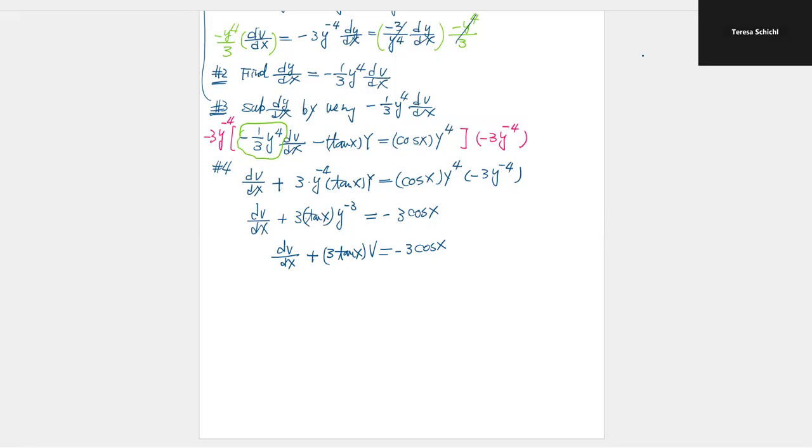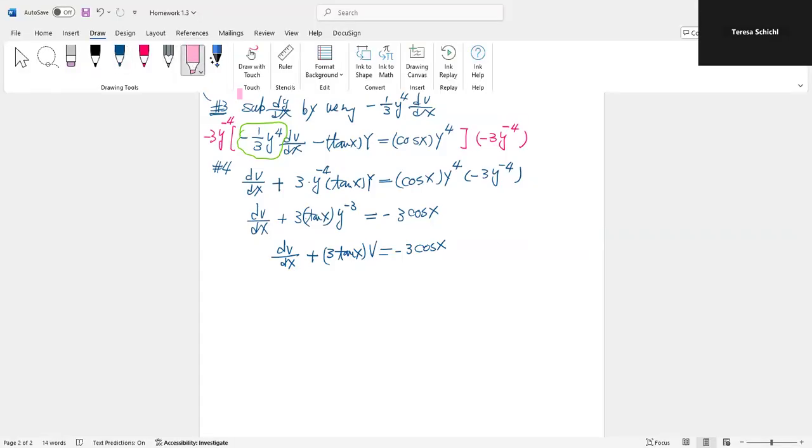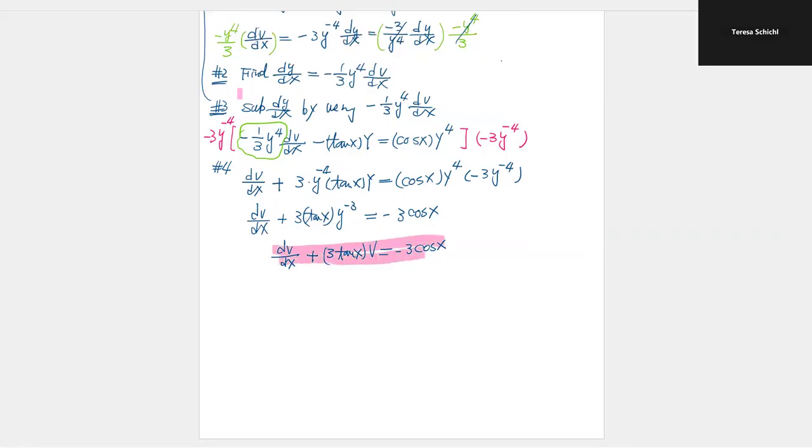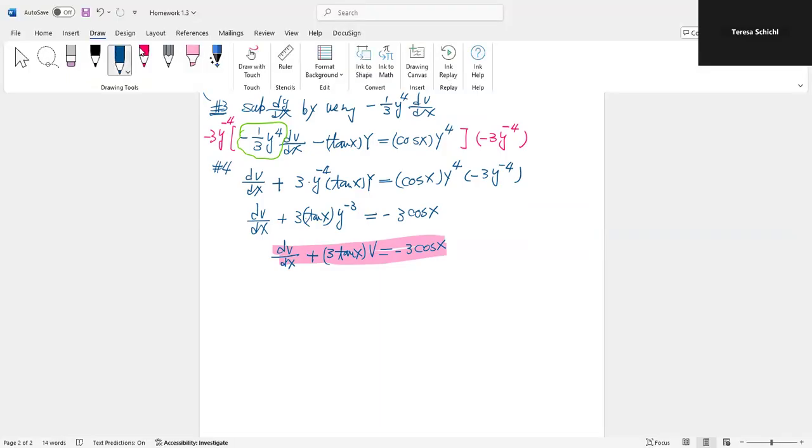So this is the dv function here. Let's highlight this one: dv/dx plus 3 tangent x v. After this, let's hope everybody remembers what we need to do.